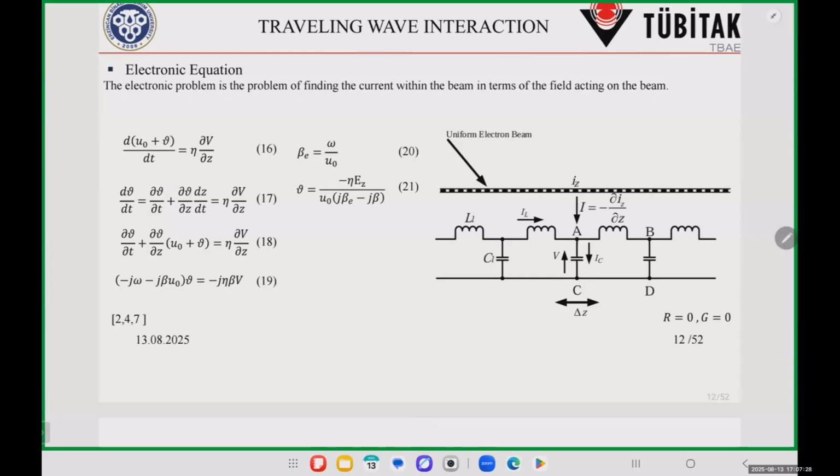Yes, sir, I have a question. In a slow wave structure, I mean a helical structure, where electrons are passing through the helical structure, the electron beam is not touching the slow wave structure. Is it right?